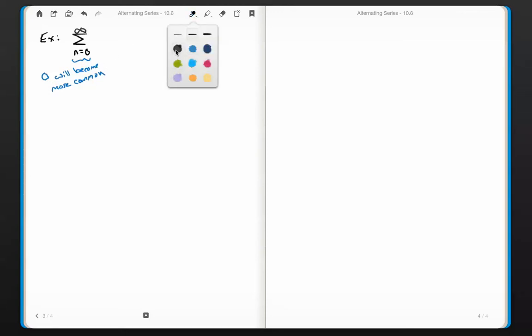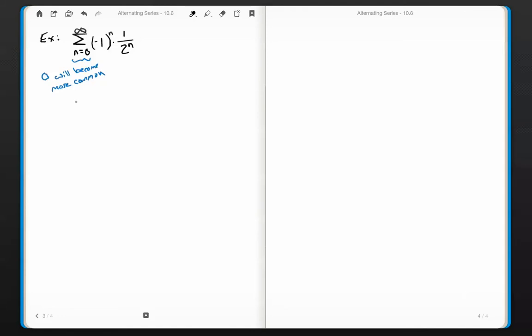So keep an eye out for that, especially the next couple sections. And let's make this one (-1) to the n times 1 over 2 to the n.